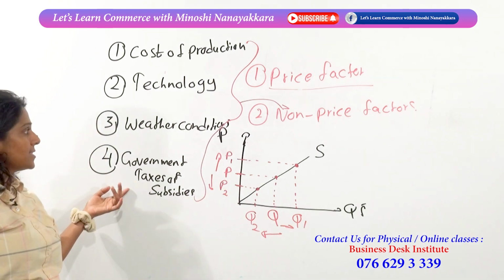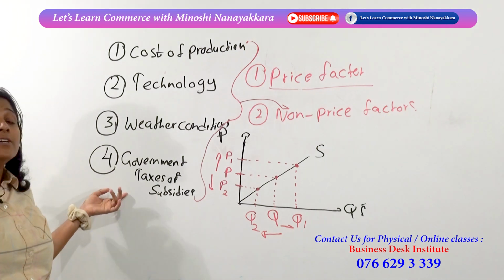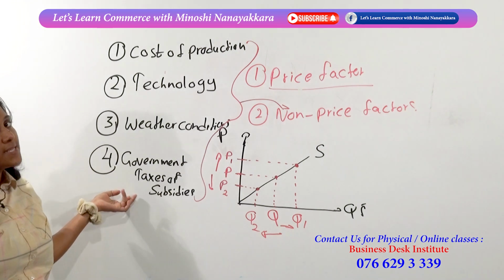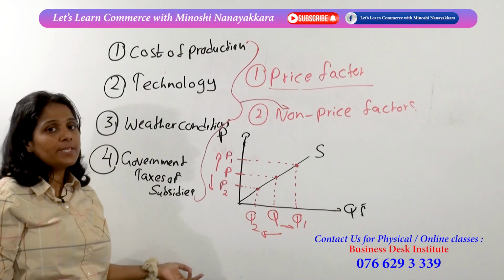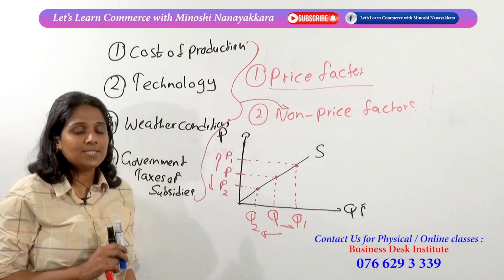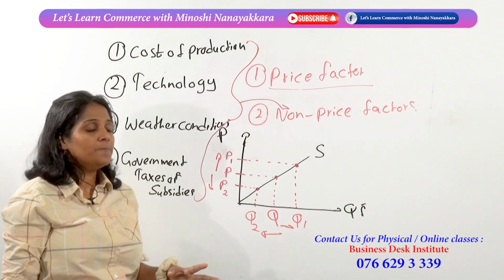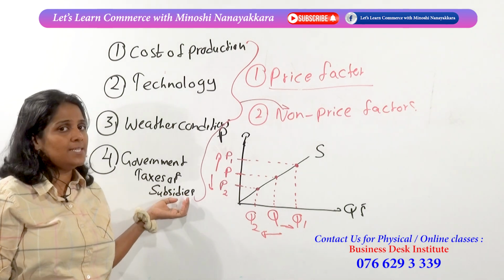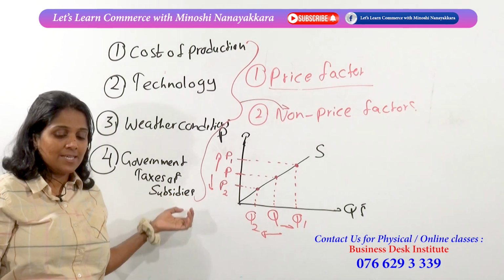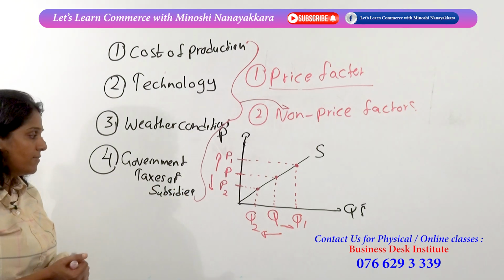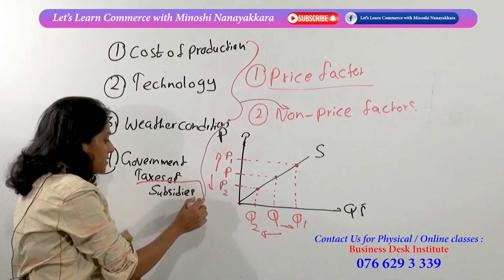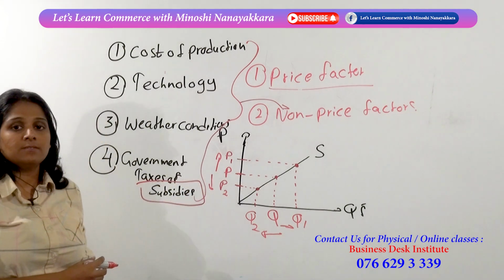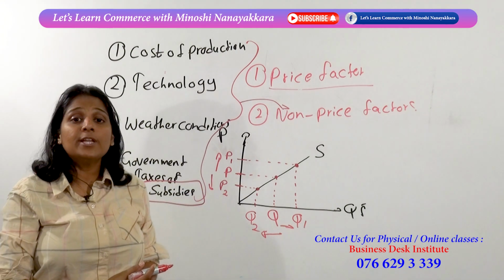Okay, then the next thing, the government also influences the supplier. The government can do that in both ways, positively or negatively. The government positively affects them by providing subsidies. What are subsidies? Subsidies mean the government is helping them, sometimes giving interest-free loans.